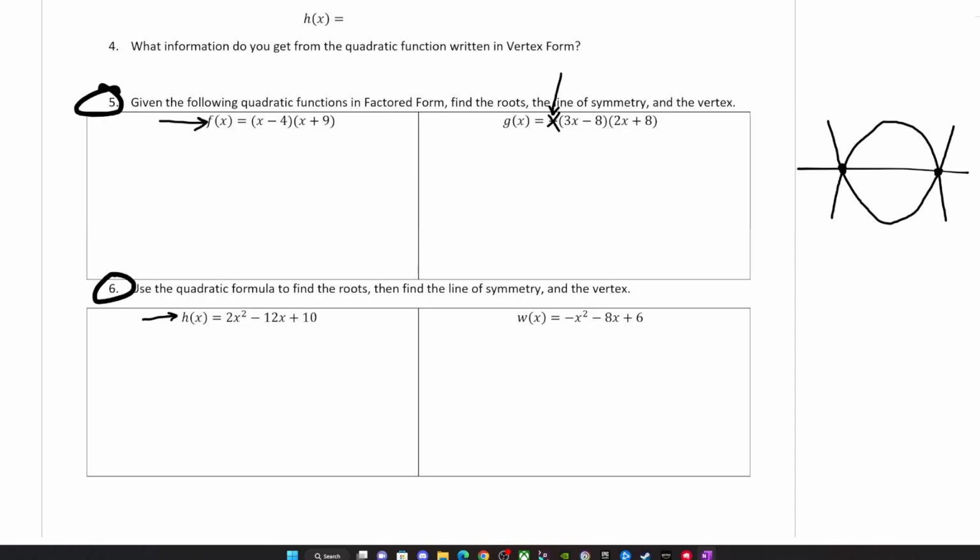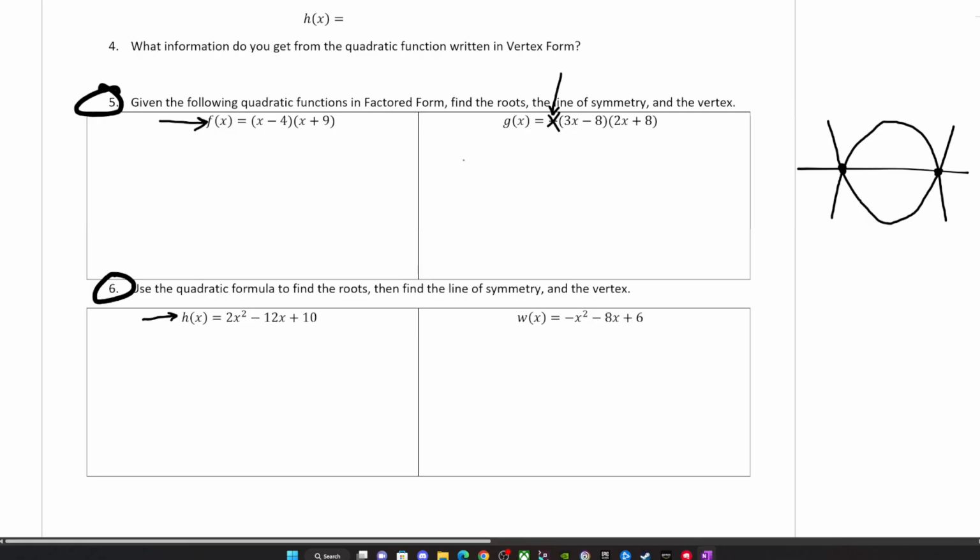Another thing you can do, if you don't want to disregard the negative, is distribute the negative to either one of these two factors. I would just disregard it and continue the problem the way you normally do it, but beware that that negative exists there, okay?